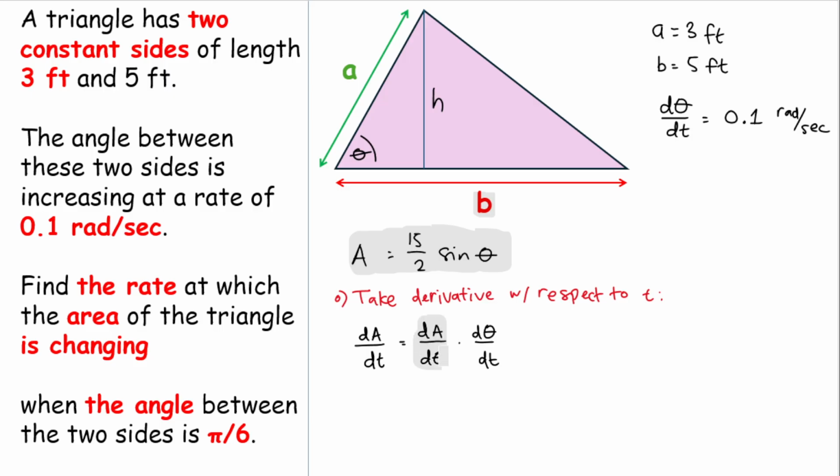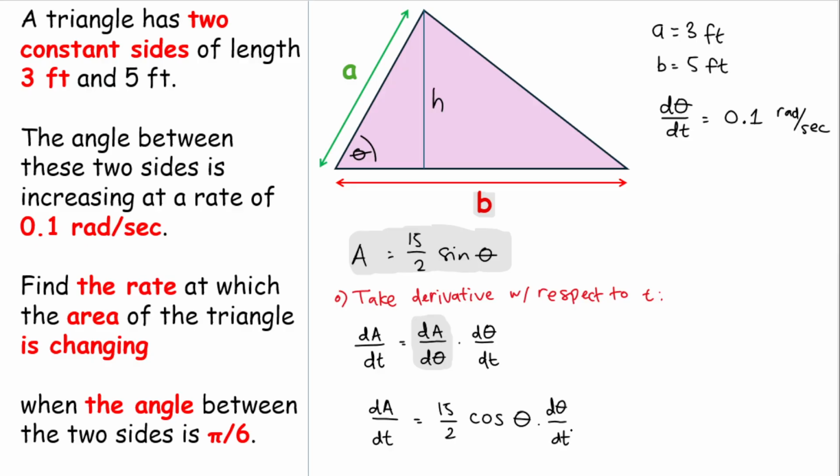We only need to find this one. And so we will have dA dt is equal to 15/2 is a constant. And then the derivative of sine of theta is cosine of theta. And then multiplied by d theta dt.